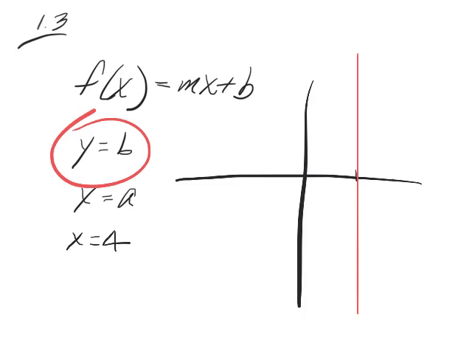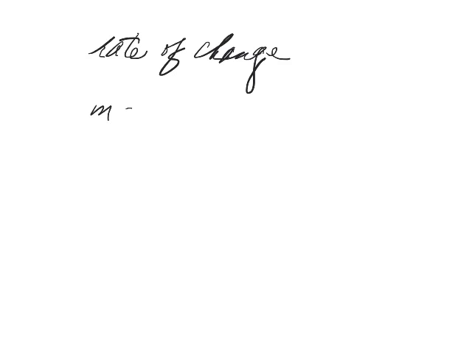Alright, page 92, the linear function f of x equals mx plus b and slope. So the slope is considered a line's rate of change. And you guys are all familiar with it being slope equals rise over run.